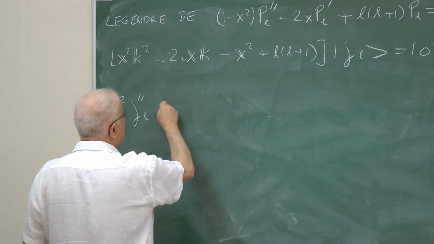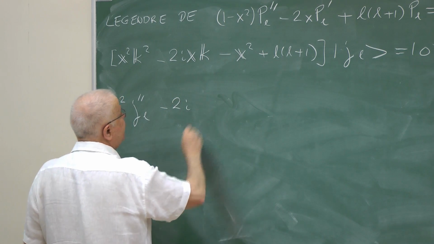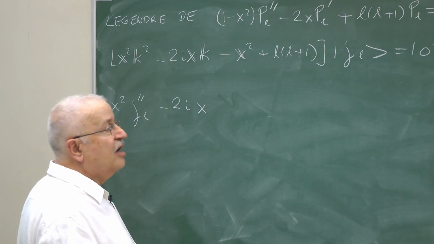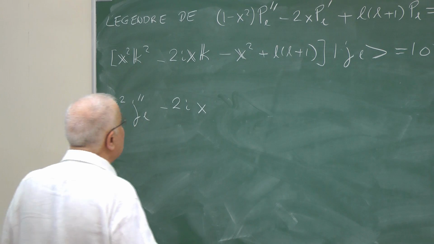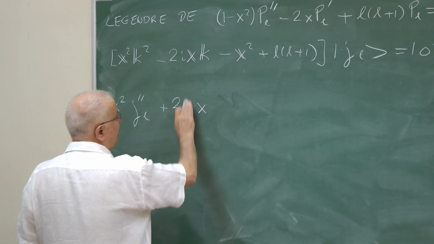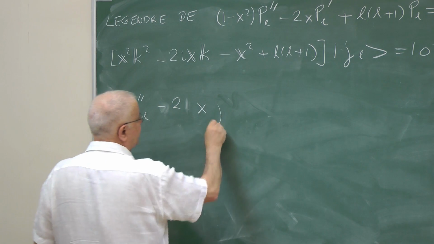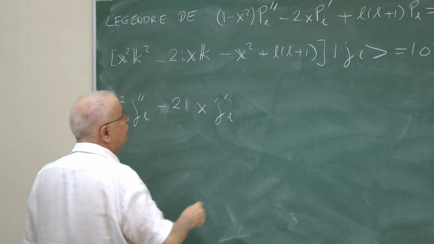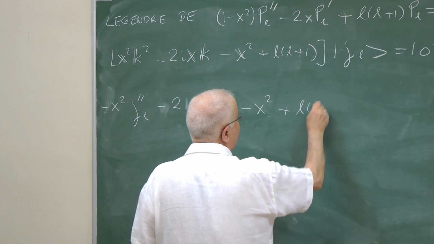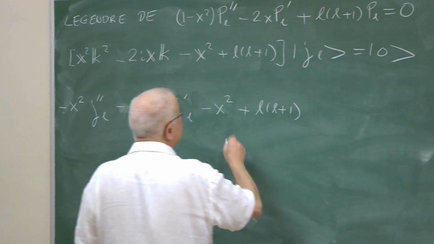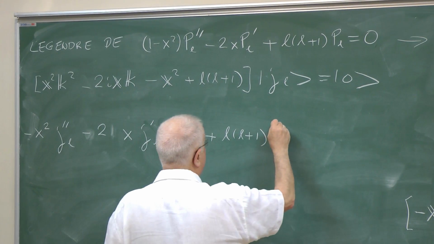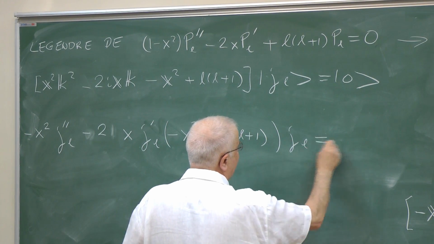Then I come to minus 2i x. K is minus i times the first derivative. Minus makes this plus, but i times i again makes this minus J_L prime. Then I have minus x squared plus L, L plus 1, the whole thing multiplying J_L equals 0.